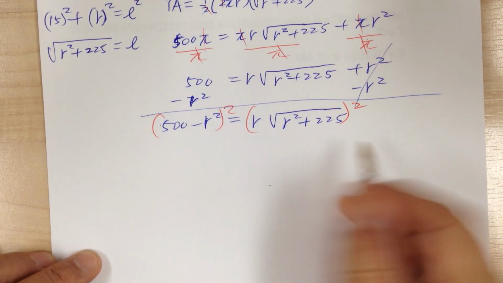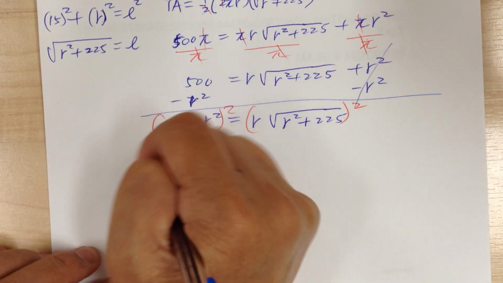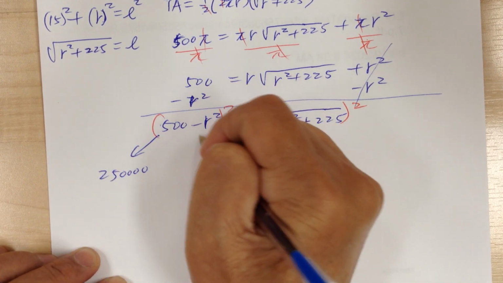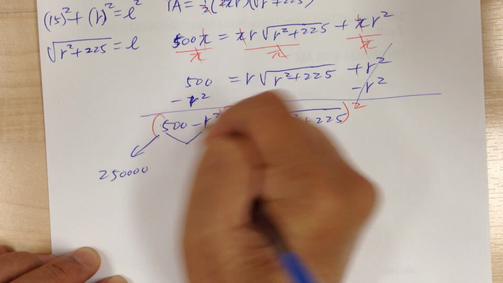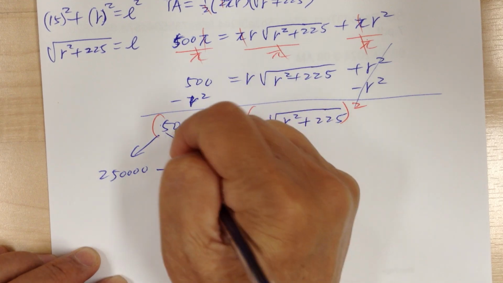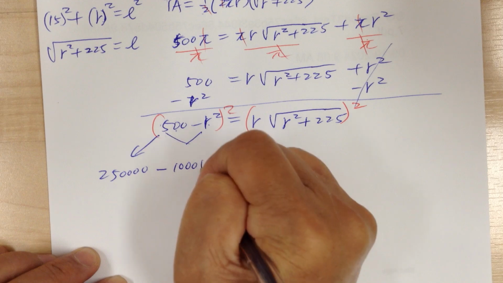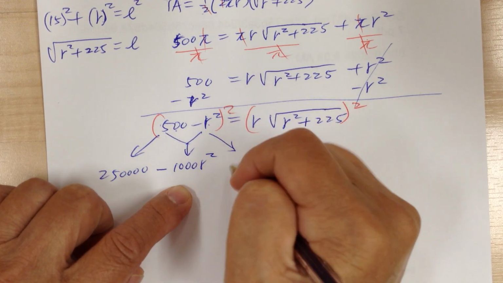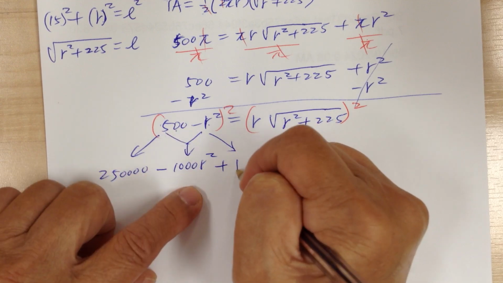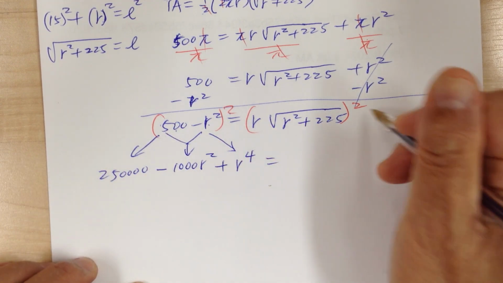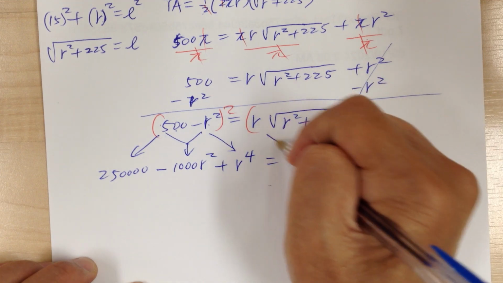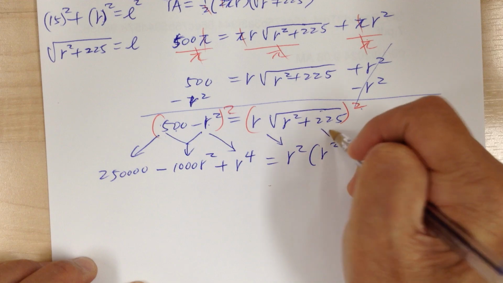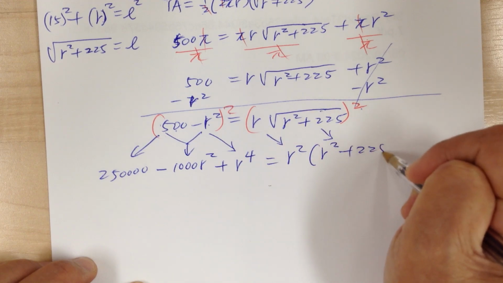When you square this, you get 250000. And remember your middle term, so it'd be minus 2 times this times that, so minus 1000 r squared, and you square this to get plus r to the 4. The other side, when you square, you get r squared times r squared plus 225.